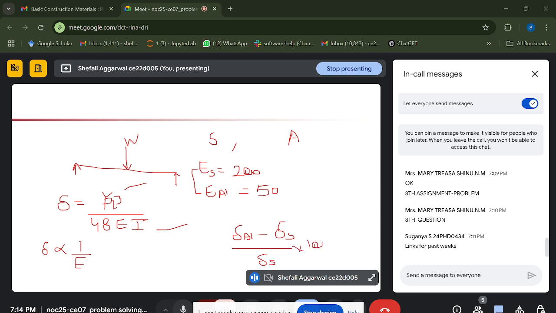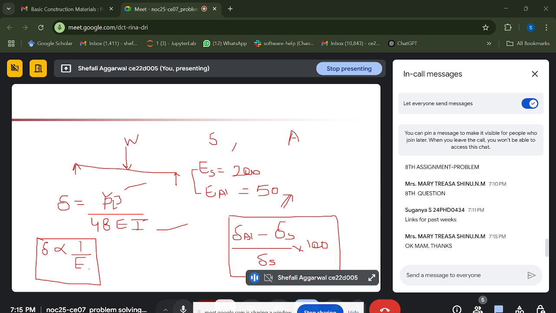Since deflection is inversely proportional to E, we convert it into the form of E. It will be E of steel minus E of aluminium divided by E of aluminium, into 100.